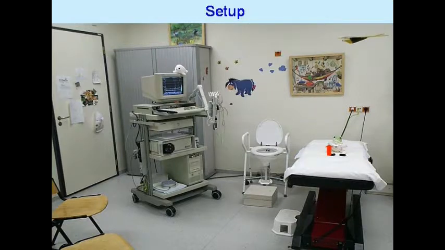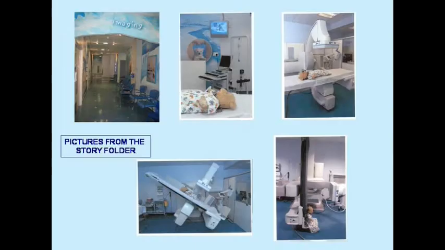This is the setup we have in our institute, and we prepare both the child and the parent for this investigation. The experience can be made better by walking the child through the room where the study is going to be done to familiarize him, or have a folder which tells the story.